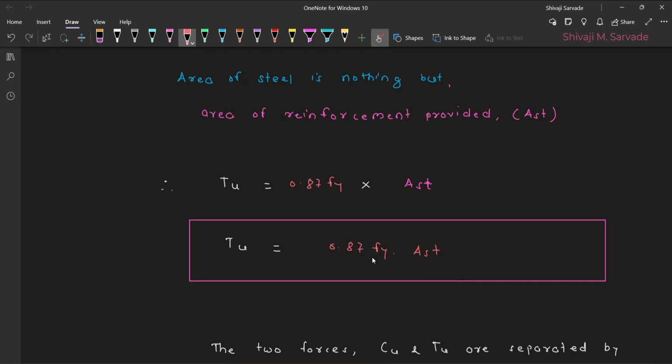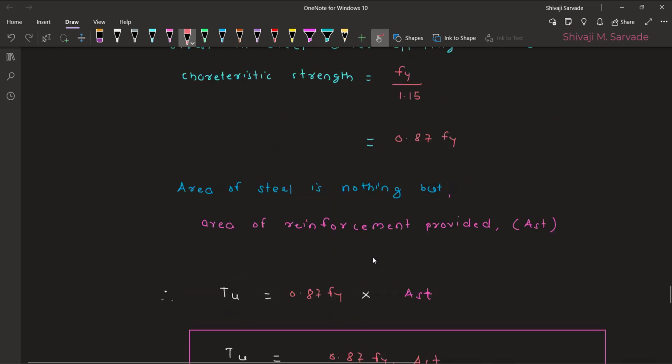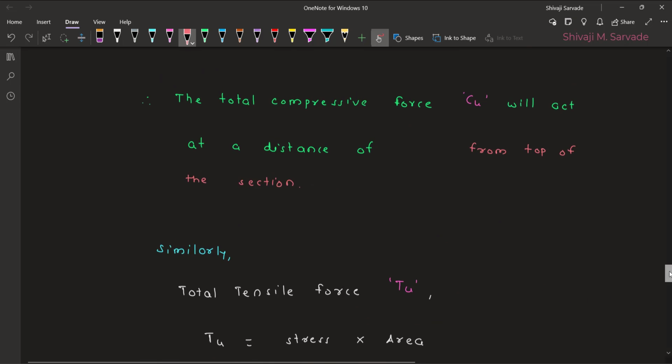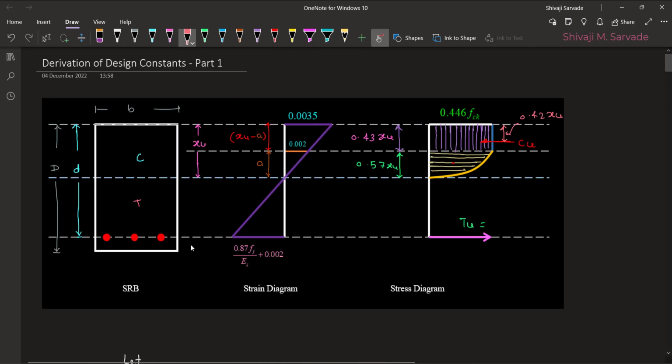Now where would this act? We always know the forces act at the centroids. It is very straightforward in case of reinforcement because it will act at the centroid of the reinforcement, as you can see in the sketch. The nature of the forces is exactly opposite and they are separated by a lever arm. If I sketch that, this is our lever arm ZU, separating the two forces.